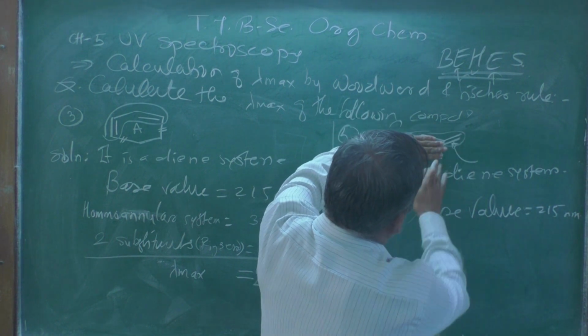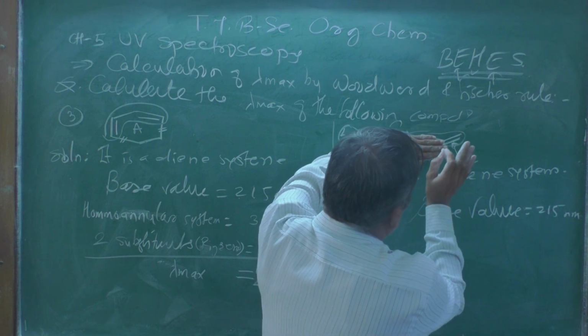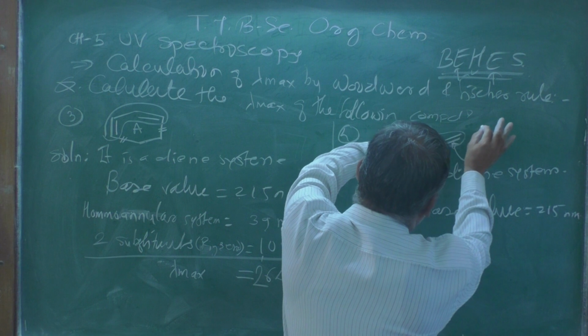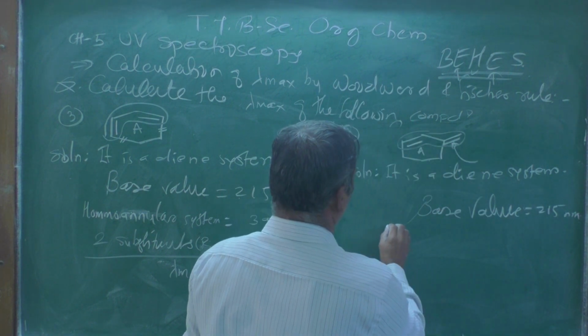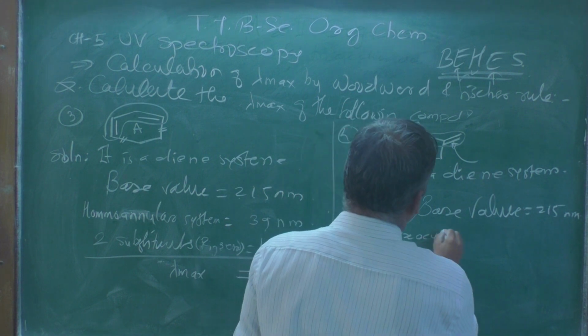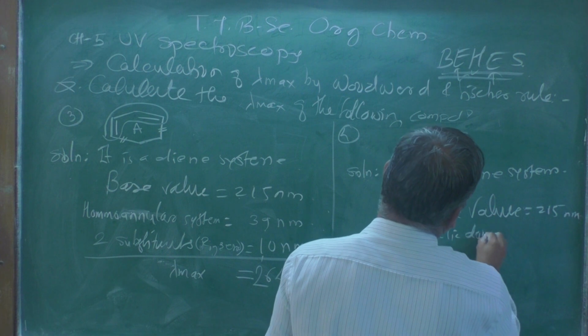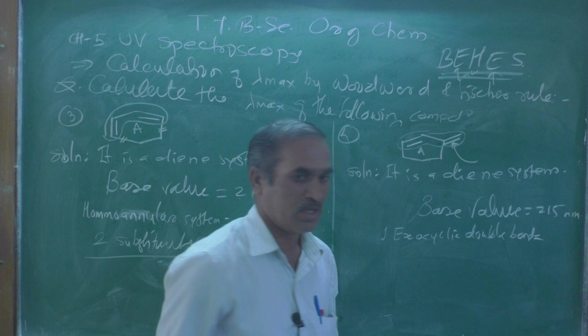If you put your hand on that ring, you can clearly see there is one double bond outside the ring, and therefore one exocyclic double bond is present in this system.